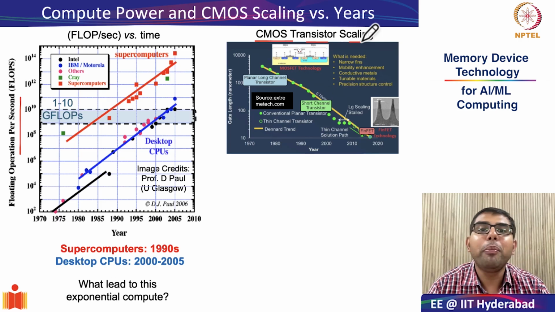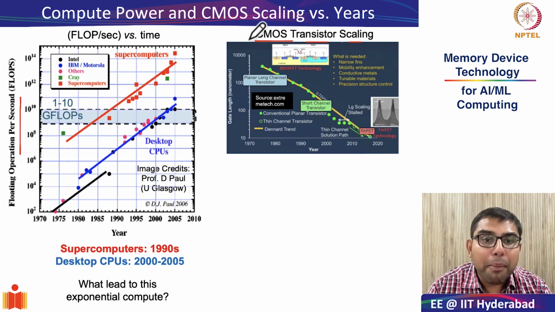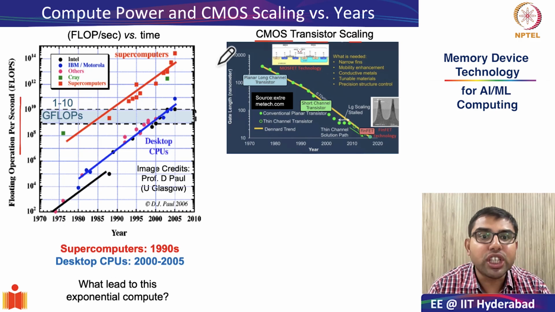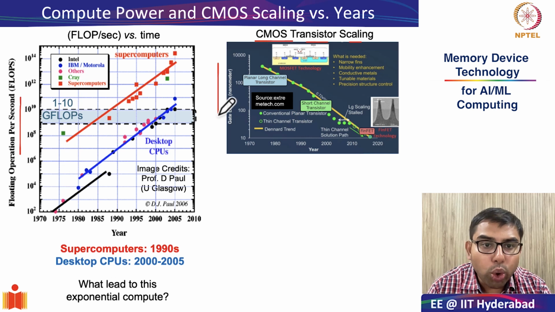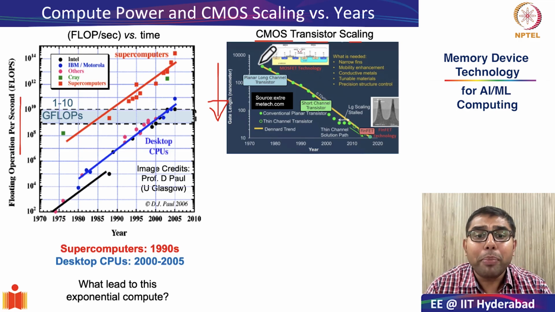What is the phenomenon of CMOS transistor scaling? It is the ability of device engineers and manufacturing giants like Intel or TSMC to reduce the channel dimensions of the transistor almost exponentially, and thereby the ability to cram more transistors into the same footprint area.